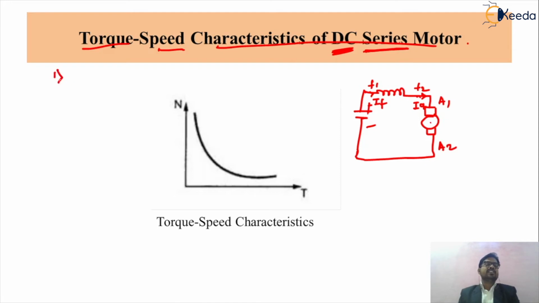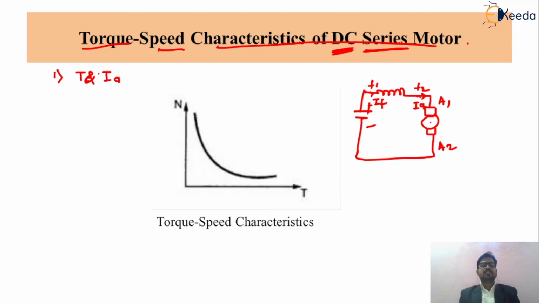The first characteristic of the DC series motor is the torque and armature current characteristic. As we know, according to the working principle of the DC series motor, the production of back EMF is necessary. The whole current flows through the field winding.